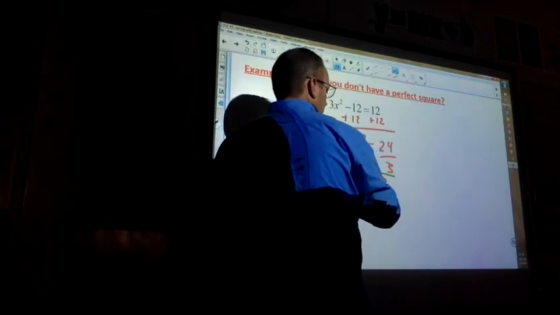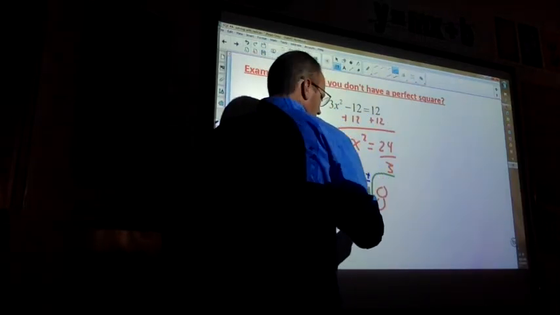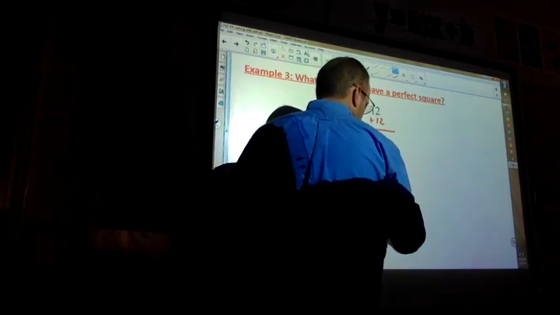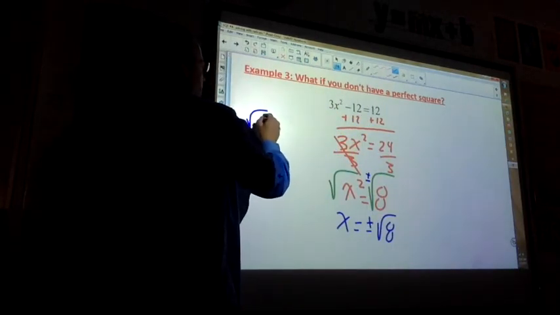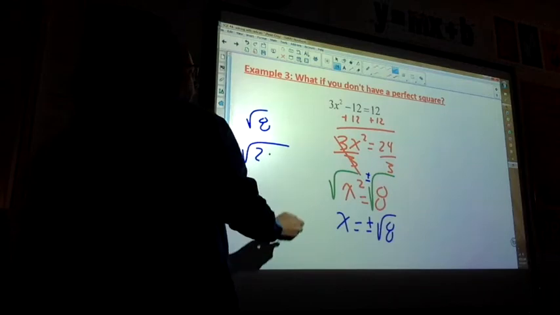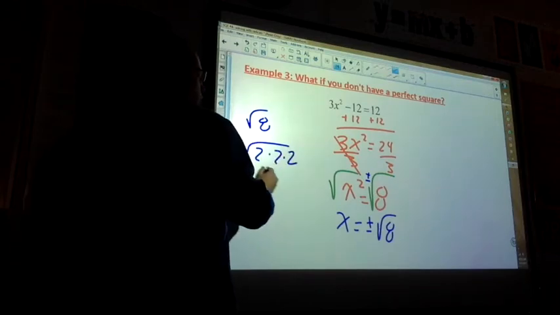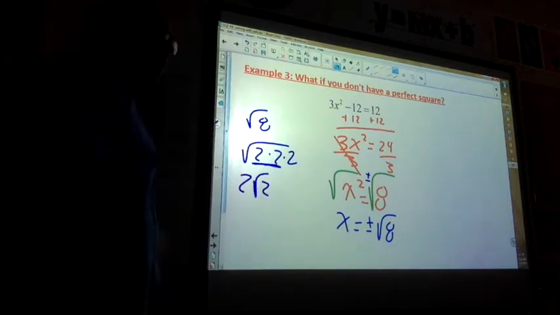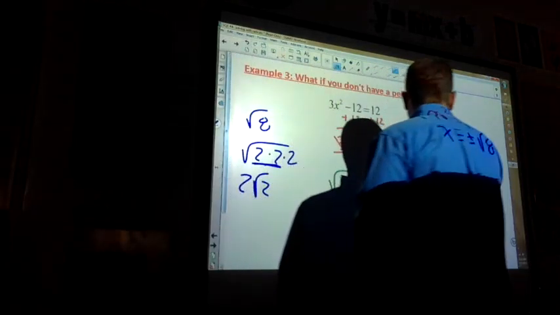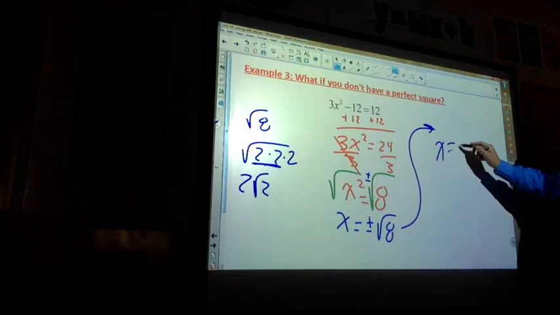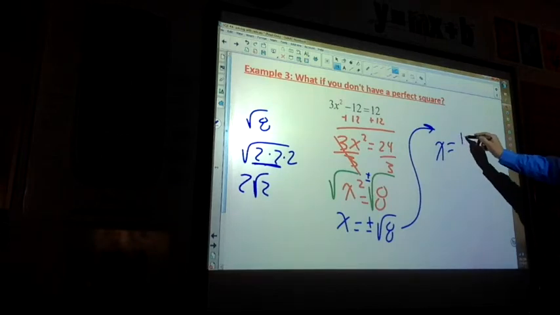If I took the square root, I need to make sure I put a plus or minus. X is equal to plus or minus square root 8. Let's break square root 8 down. That's the same thing as 2 times 4. 4 is the same thing as 2 times 2. Looking for pairs. So 2 square root 2 is the same thing as square root 8. So what should my answer be then? X equals plus or minus 2 root 2. Done.